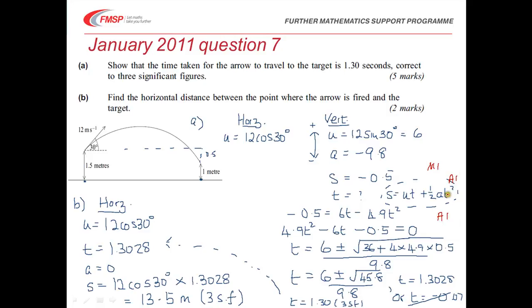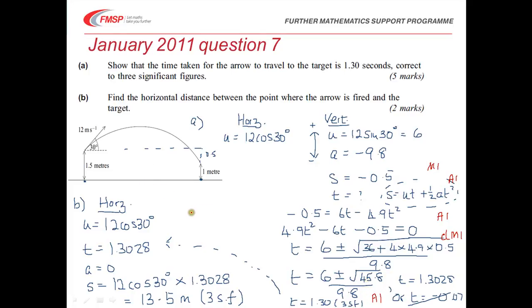So there were two accuracy marks by the time you got to your quadratic here, 4.9t squared minus 6t minus 0.5. You then got a method mark here for using the quadratic formula, but it was dependent on your method mark up here, that you'd done this correctly, and then you got an accuracy mark for showing 1.30 seconds. So that was 5 marks for part A.